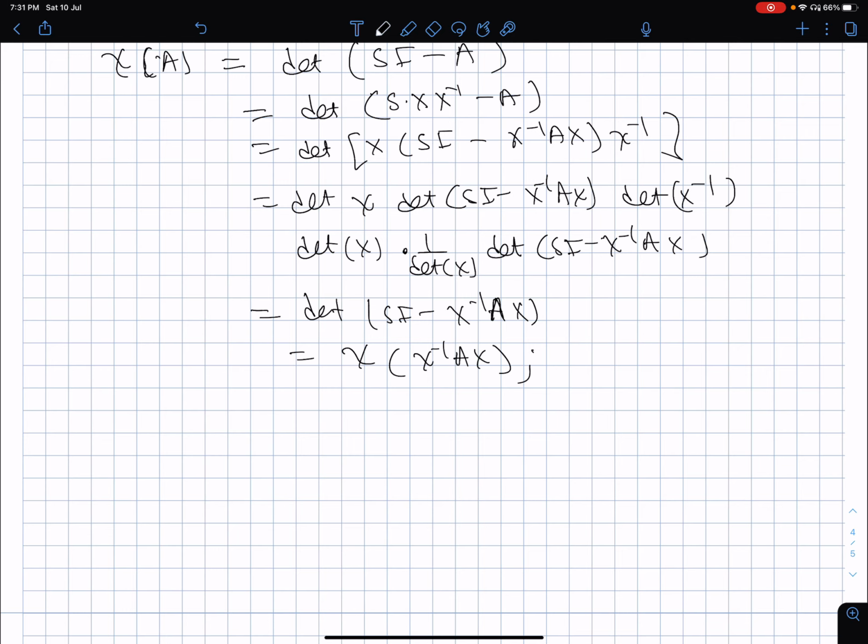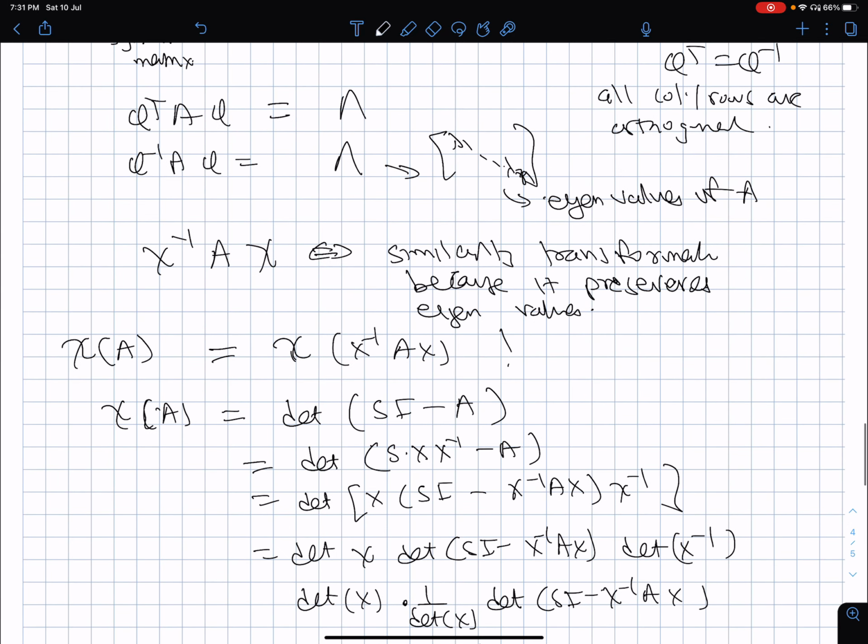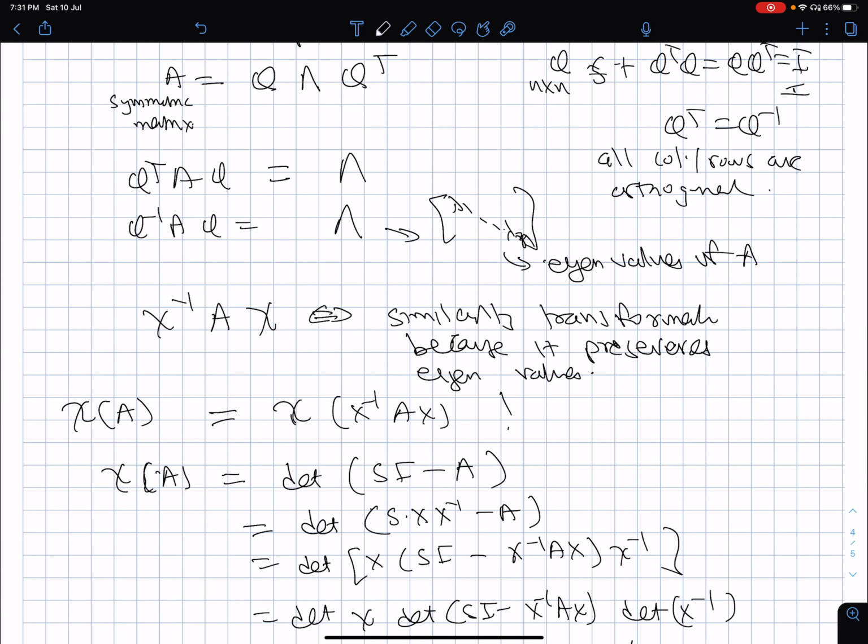So if you could find a similarity transformation which consists of orthogonal matrices, where the transpose itself is the inverse, such that it diagonalizes the matrix.